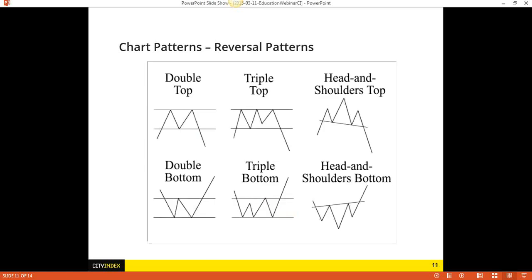Okay, reversal patterns. We have the double tops, triple tops, head and shoulders tops, and then we have the double bottoms, triple bottoms, head and shoulders bottoms. Very, very simple. What do they mean? Let's take a look at the double top. You have price action hit a high. That's established resistance.